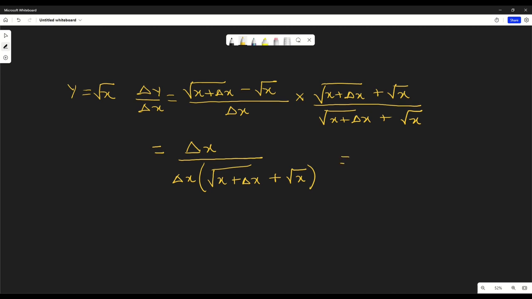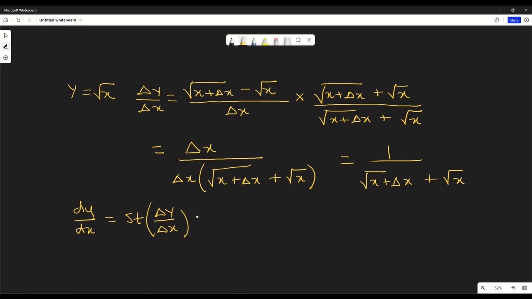We can divide both numerator and denominator by delta x and write this as 1 over the root of x plus delta x plus root x. Now, from first principles, we define the derivative as dy dx is the standard part of delta y over delta x. Remember, we're treating delta x here as being an infinitesimal increment.